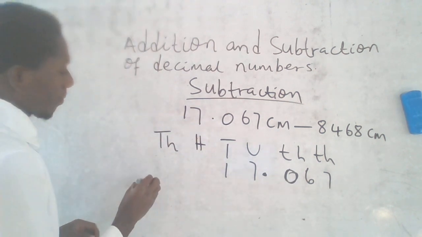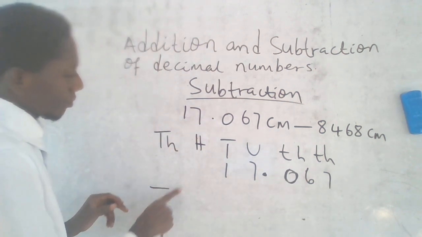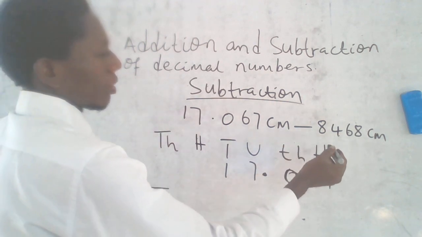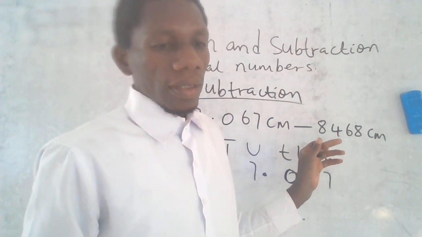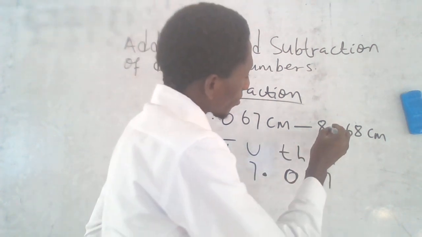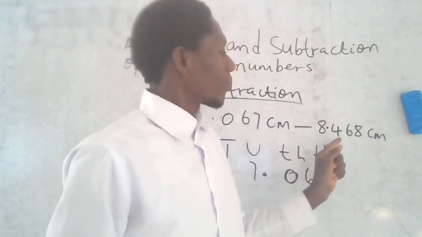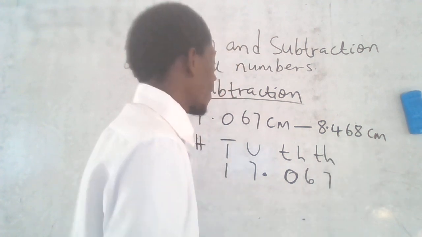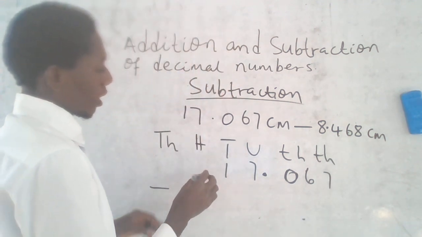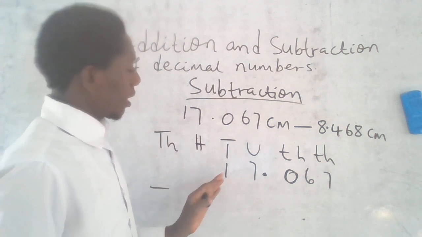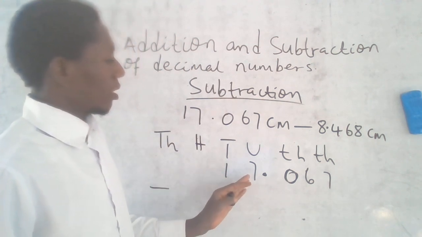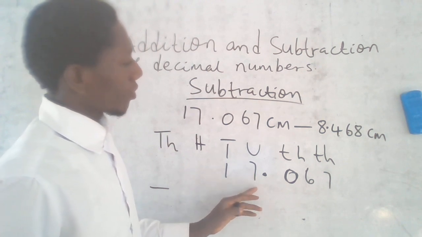So minus sign. Sorry, this is supposed to be 8.468. Now 8 is not up to 1,000, it's not up to 100, and it's not up to tens, but it's up to a unit.